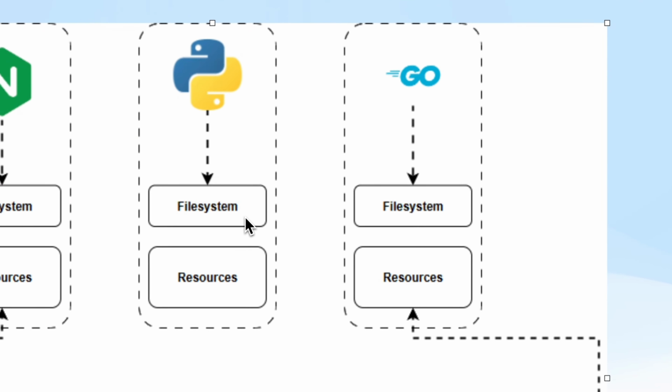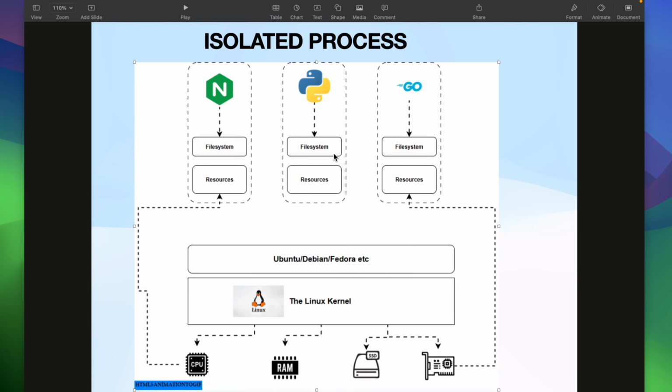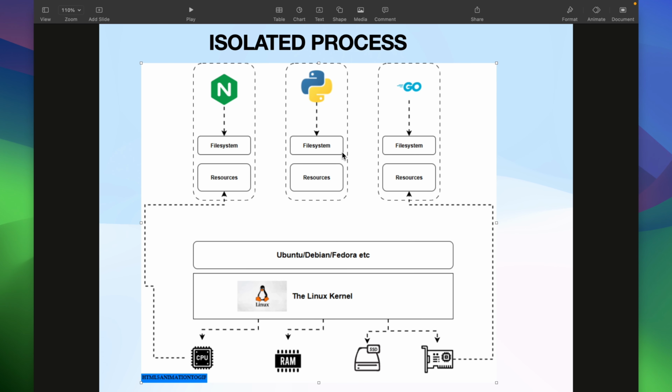Now, this led to a huge improvement, because we now have all our applications running on the same operating system. We can manage them in one place, at lesser cost compared to running them on different operating systems on different hosts, and that led to less overhead, right?